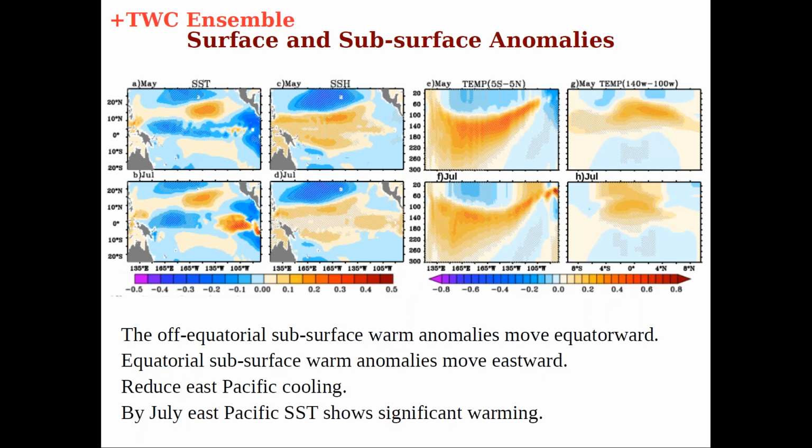By July there is a warming in the equatorial Pacific because of this eastward propagation of the deeper thermocline warming, which reaches the shallow thermocline region in the east and impacts the SST there. You can see most of the warming is around the equator, not in the off-equatorial region.